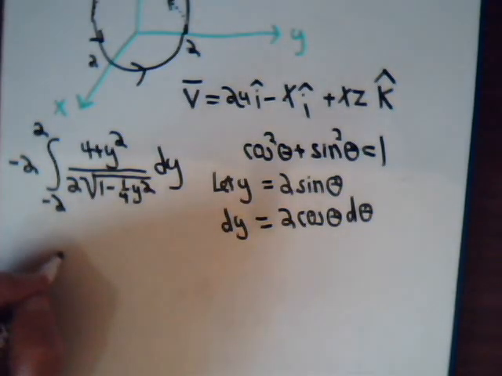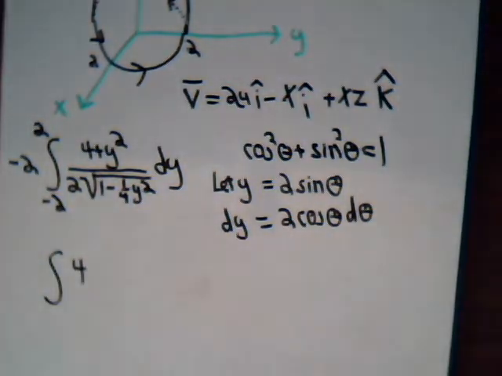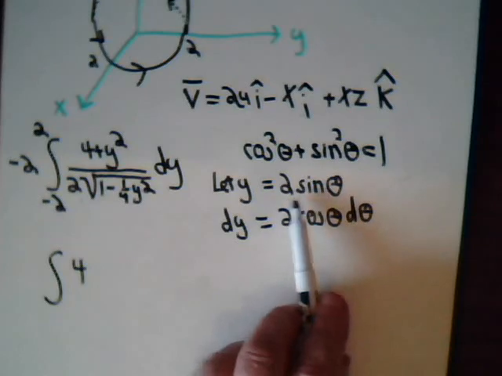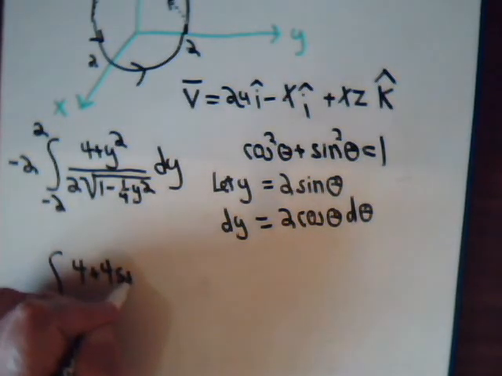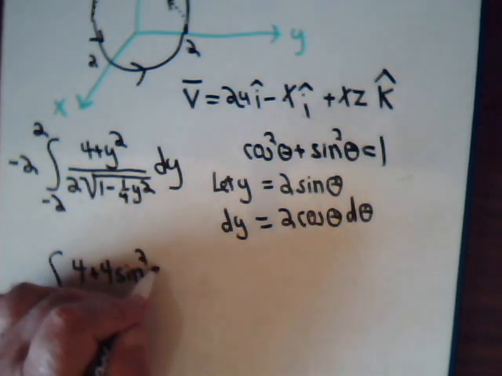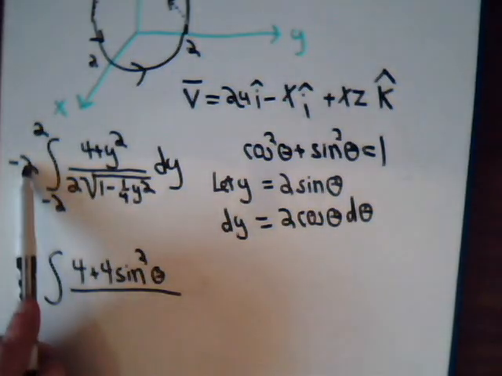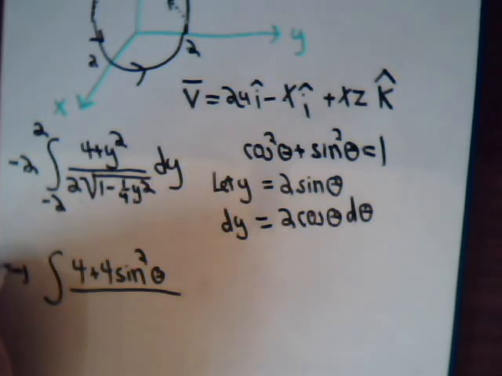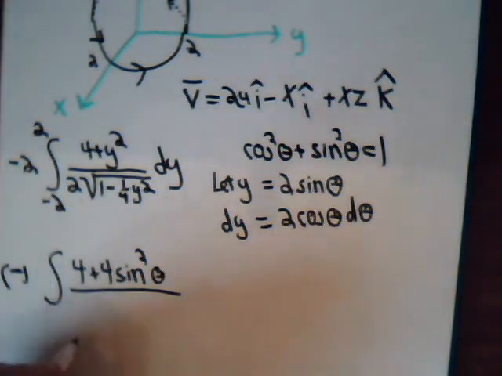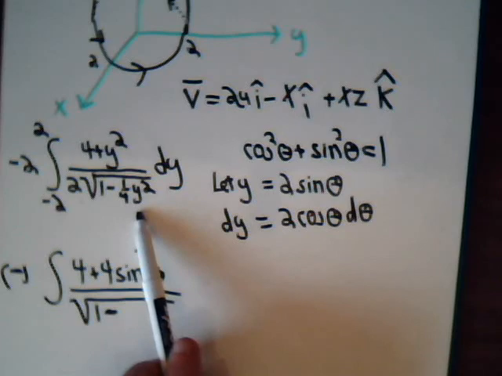So let's see what our integral looks like. You can have this, we have 4 plus y squared. That'd be 4 sine squared theta. Divided by, now here we have minus 2 divided by 2, so that's just minus. Then we have the square root of 1 minus 1/4 y squared.